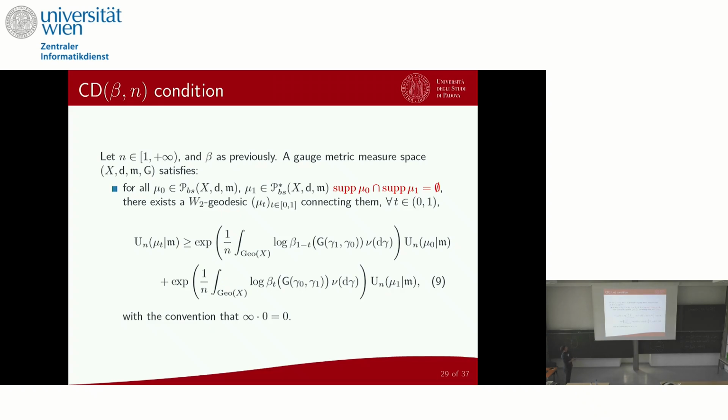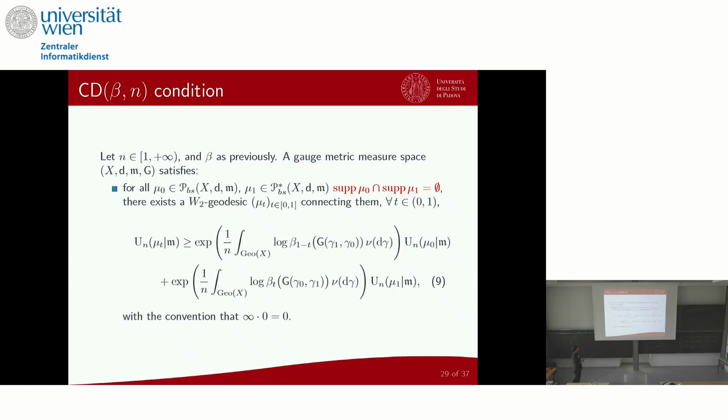You ask this sort of convexity inequality here of U_n. So you take any mu0 in P_BS and mu1 in P*_BS. So this is absolutely continuous here. We require, for some technical reason, these two measures to have empty intersection of the two supports, and this is related to the fact that this G in general has a singularity on the diagonal.